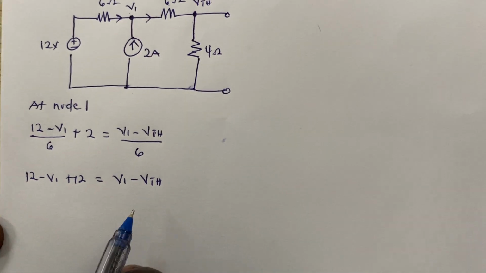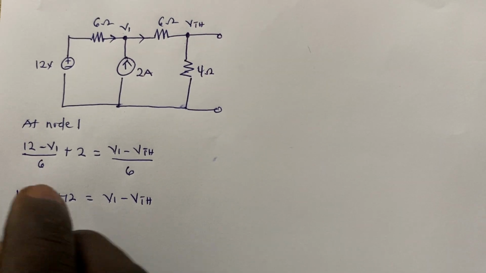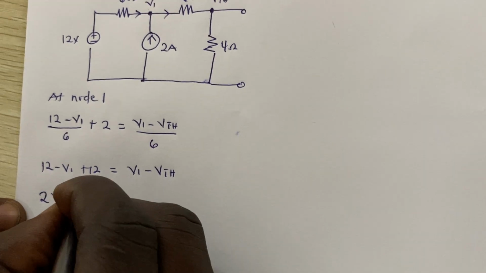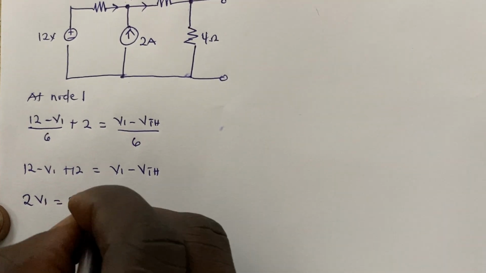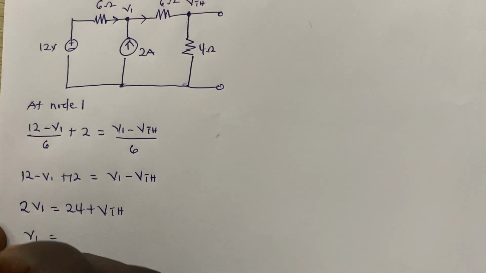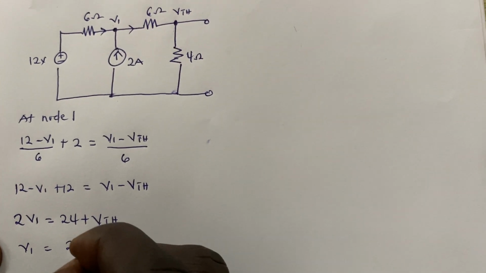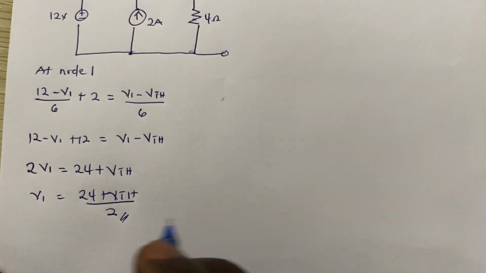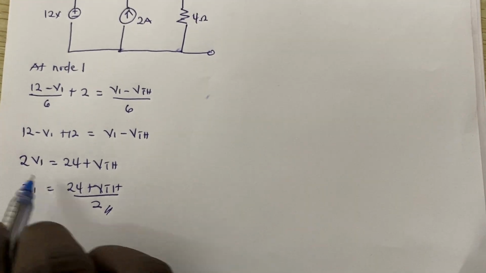So with this, we can now make V1 stand alone. So we are going to get 2V1 is equal to 24 plus VTH. And now V1 is equal to 24 plus VTH on 2, right? So now we have the value for V1.